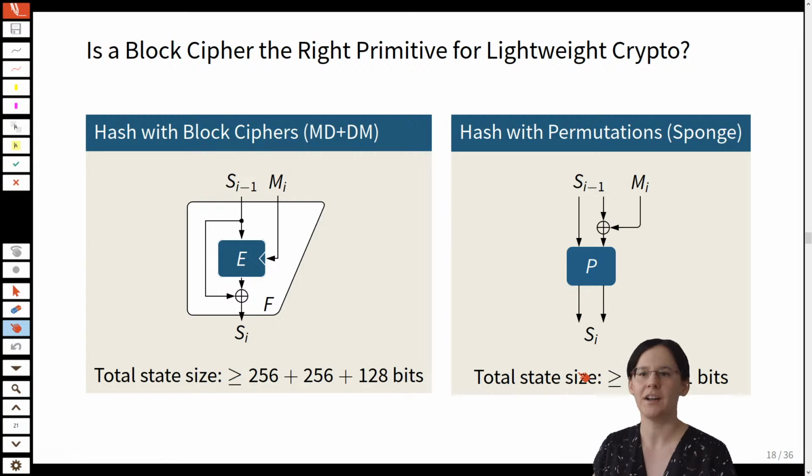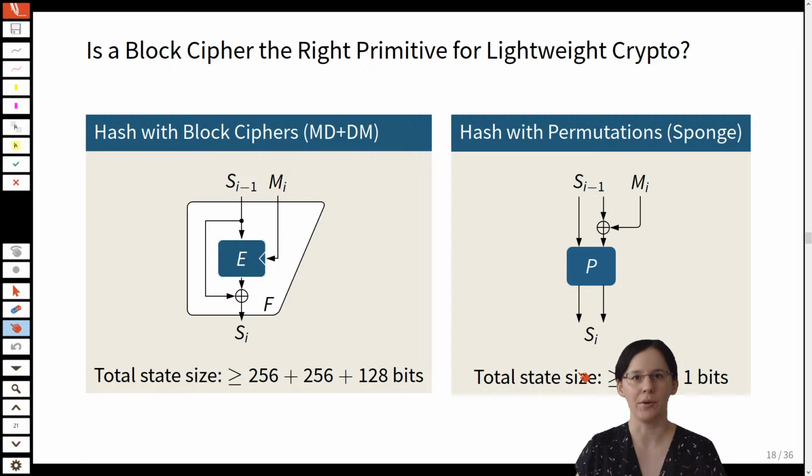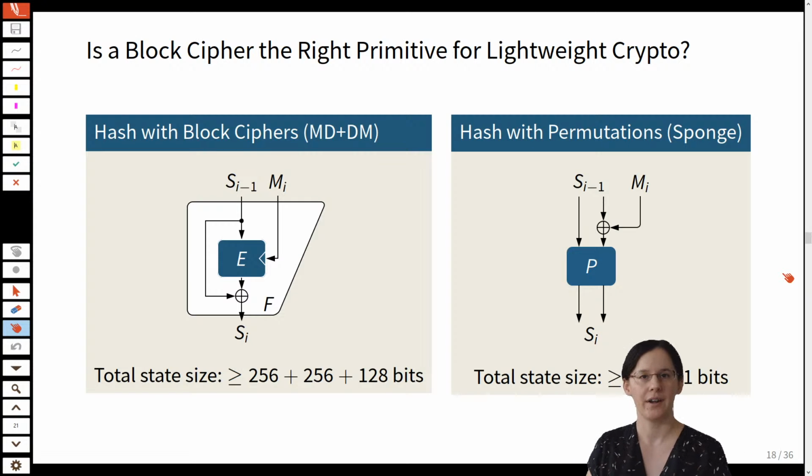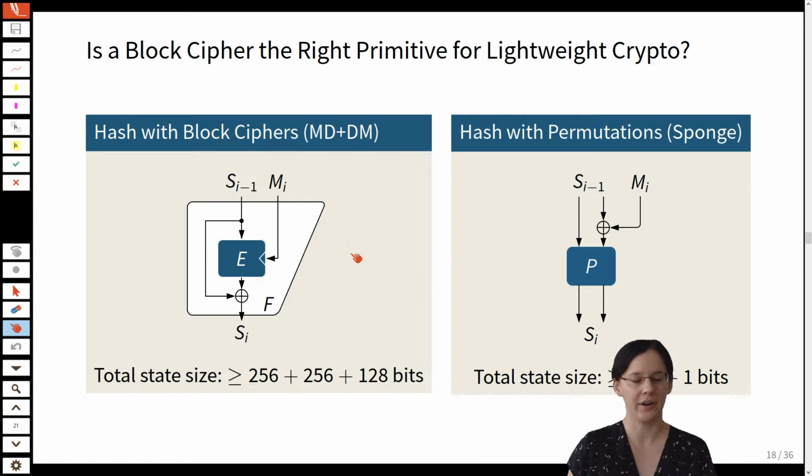However, one must ask at this point whether the block cipher is really the ideal building block if you try to build some lightweight scheme. And as an example here, I'm listing two approaches, one based on block ciphers and one based on permutations for hashing. So if you remember the constructions we saw for hashing in the exercises today and also in the lecture, they look something like this.